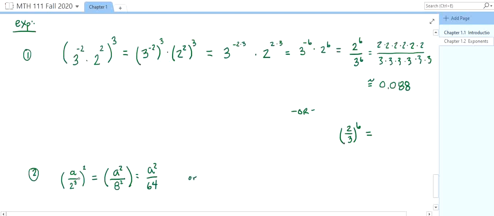But another way I could do that is I could do that a squared. So a is 1 times 2 is 2 over 2 to the 3 times 2 equals a squared over 2 to the 6th, which again is going to work out to a squared over 64.